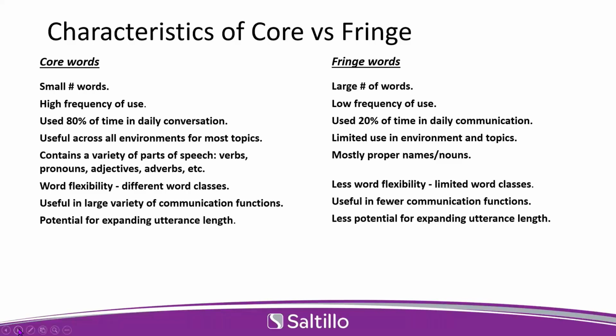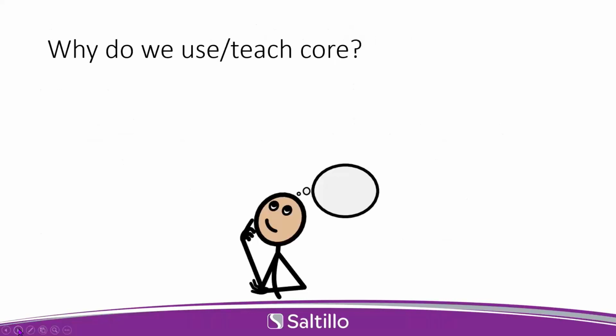With core, you have the potential for expanding utterance length and less potential when we're just using fringe vocabulary. And lastly, with core, you have less pages to search, and with fringe, it requires multiple pages. So that's just a little comparison between the characteristics of core and fringe.